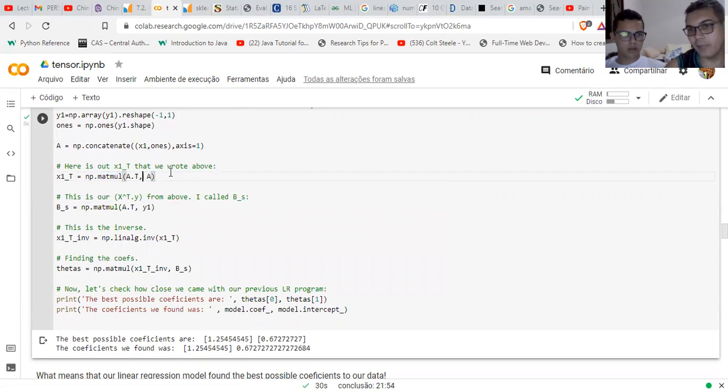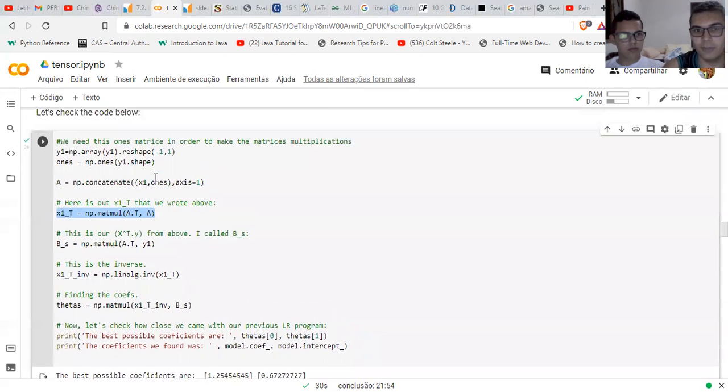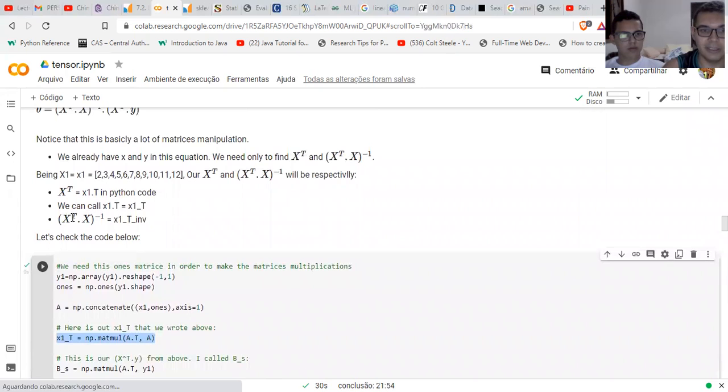We cannot write x transpose multiplied by x because those are matrices. You can't do normal multiplication of them. You have to use this function matmul. That's basically math multiplication. So we already have this one, that's basically the x transpose multiplied by x. That is this part.